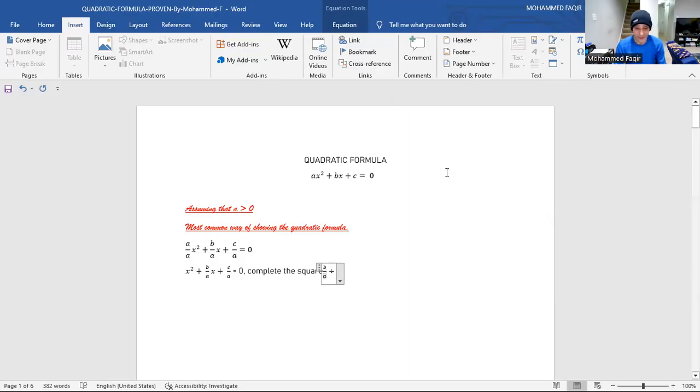So that's what we're trying to do. We're trying to do the half of b over 2a. I'm going to complete the square here. I'm trying to get rid of that. All right.